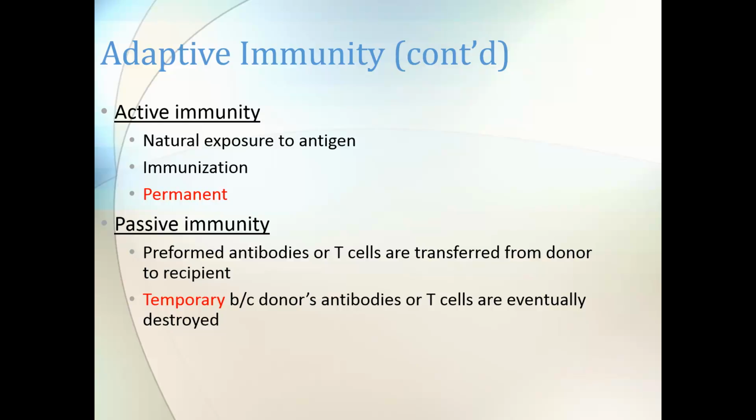Anybody know of any examples of passive immunity? Yeah. Colostrum. Very good. So breastfeeding. The antibodies pass from mom to baby. Very good. Can you think of any others? Good. Blood transfusion can be for a short term. Yes, that's very true.